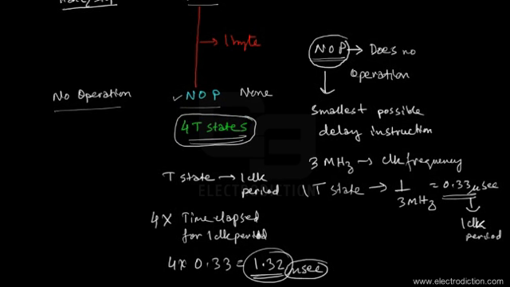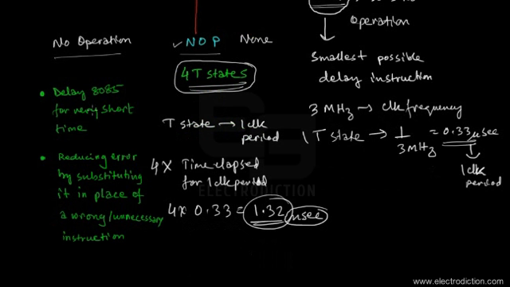This NOP instruction is useful in introducing a very short time delay in the 8085 operational cycle. In some applications you might need that. Also it helps to reduce error.